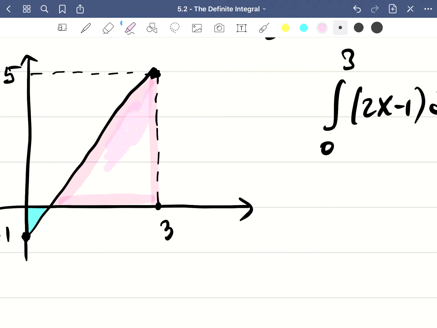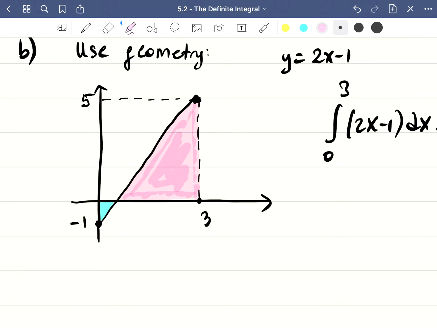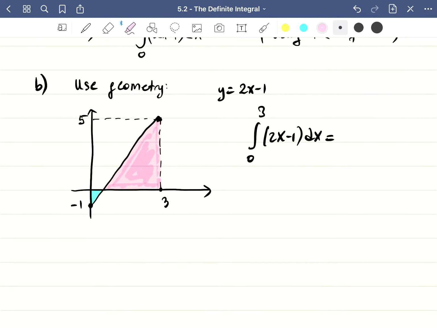All right, so let me just say this is the blue area. Let me just say the total area with signs.